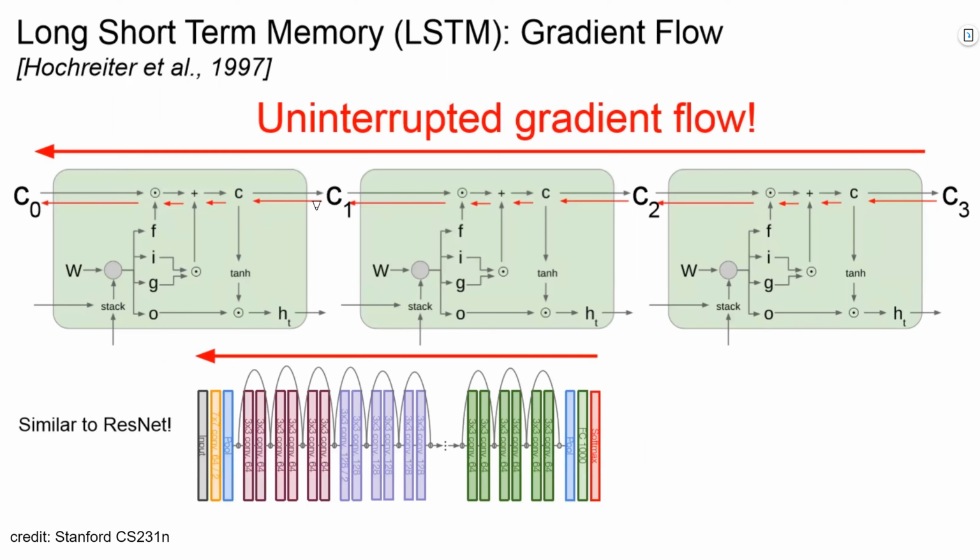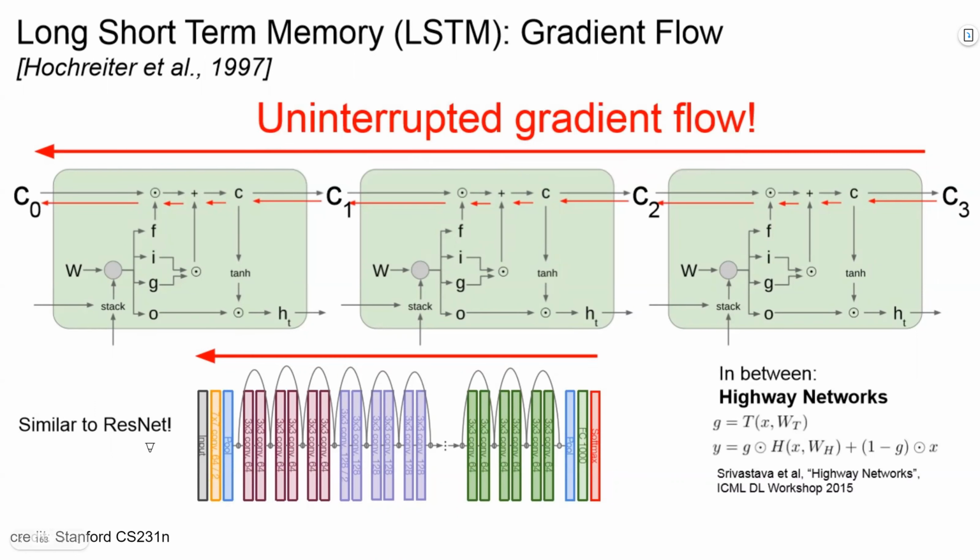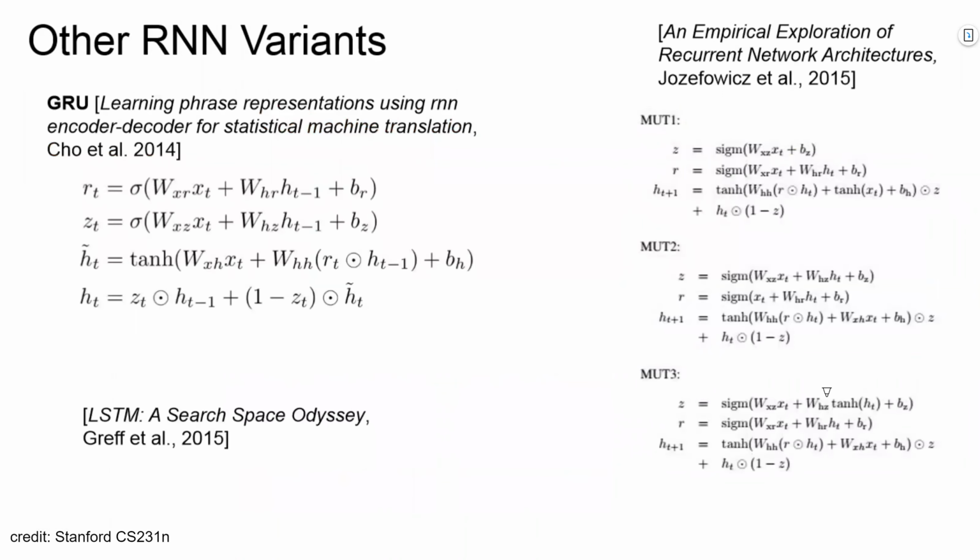And I told you this gradient flow is similar to ResNet. You can also introduce some highway networks to improve the performance of LSTM even more. If you're interested, you can have a look at this paper. And of course, there are other RNN variants. GRU is one of them. People generally choose between LSTM or GRU.